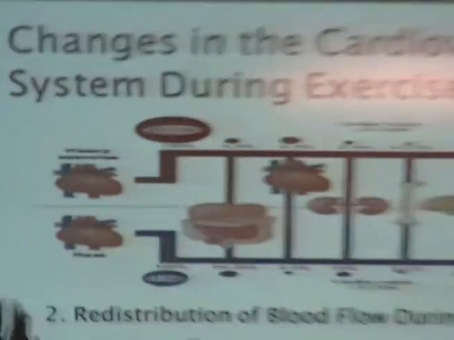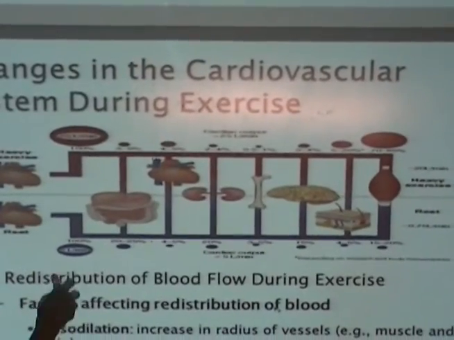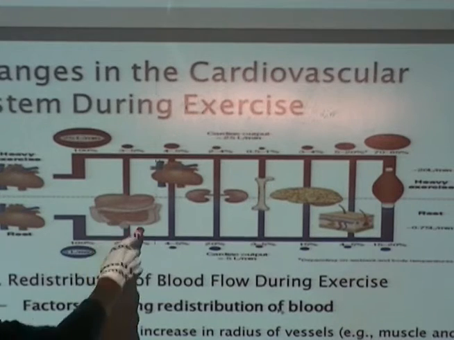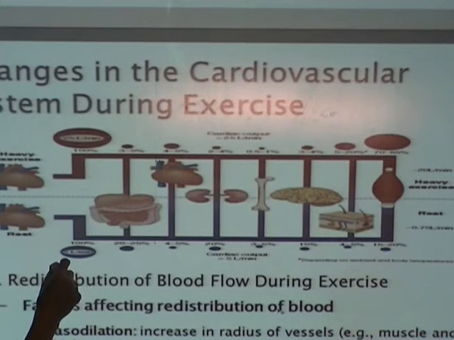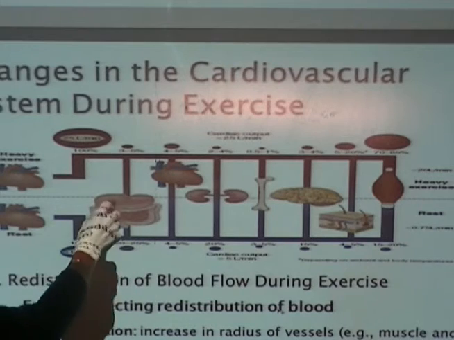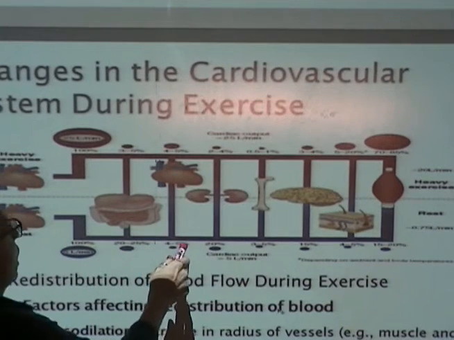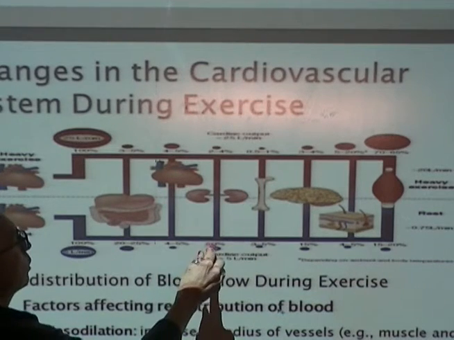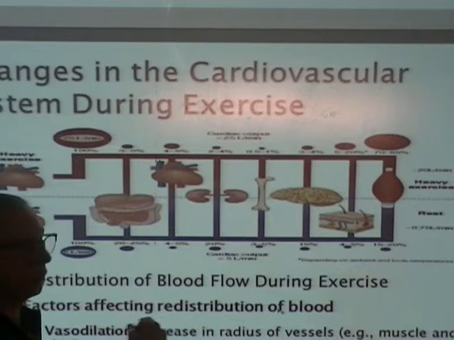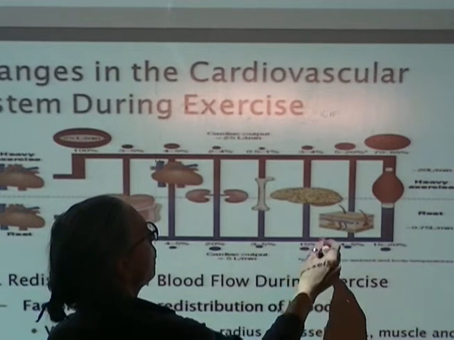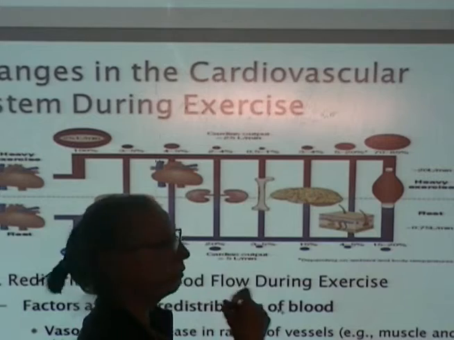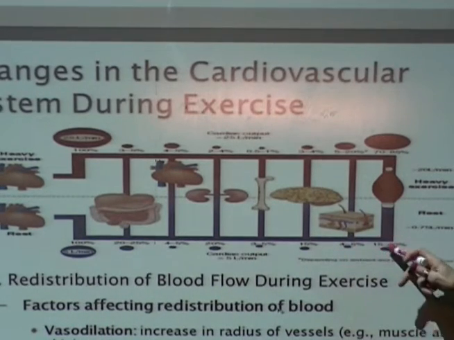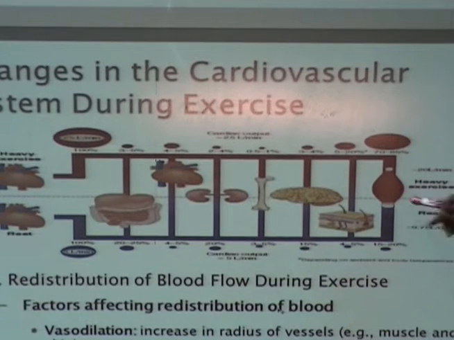So when I'm at rest, 5 liters is coming out per minute. About a quarter of that blood flow is going to my stomach and my colon. Okay. About 5% is going to my heart. 20% is going to my kidneys. 5% to my bones. About 15% to my brain. About 5% to my skin. And around 15 to 20% to my muscles, because they are working.